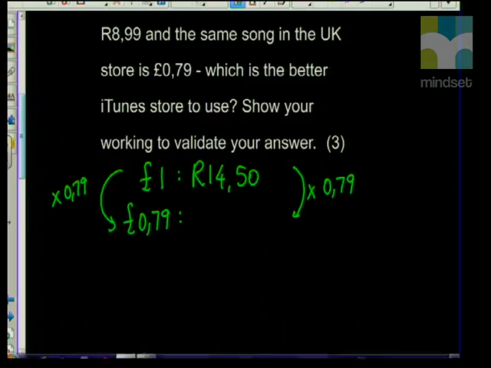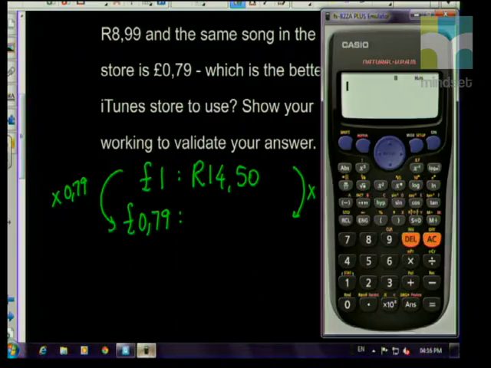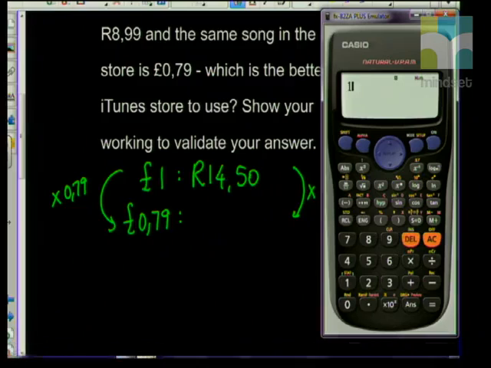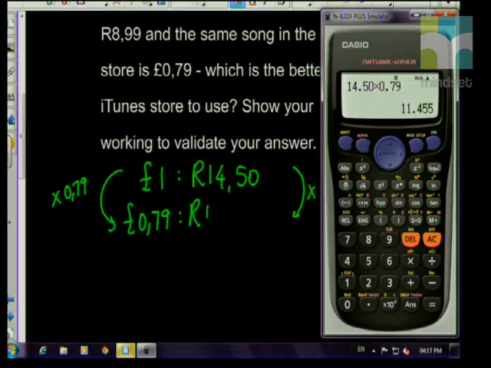If I get my calculator out, let's do that. So I'm going to say 14.5 times 0.79, and I then get an answer of 11 Rand 455.